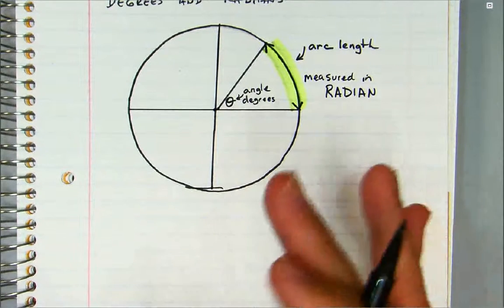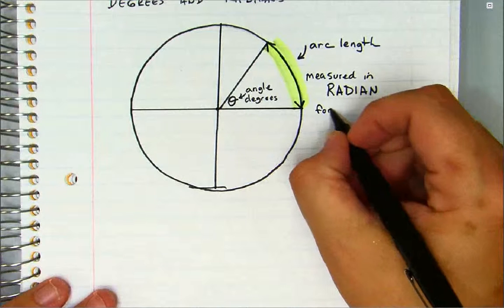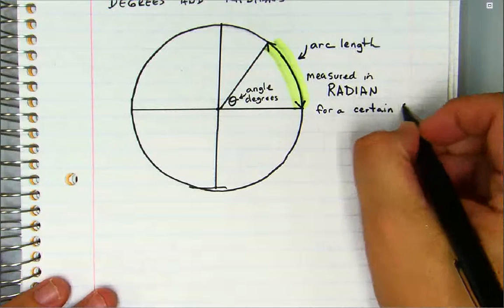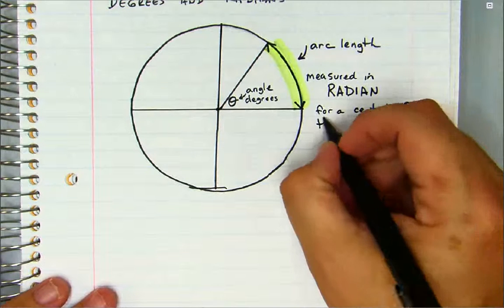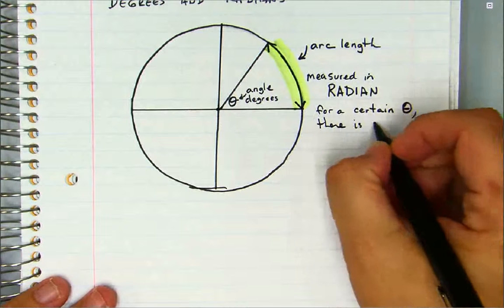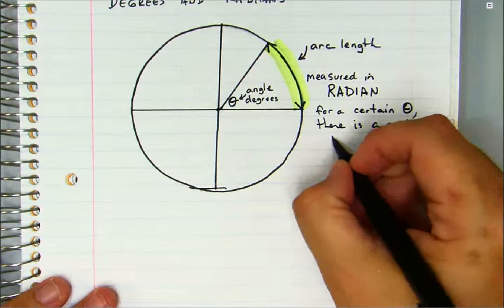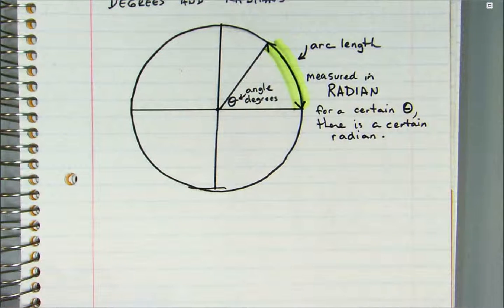And the cool thing is that for a certain angle theta, there is a certain radian. There's like a 1-to-1 correspondence.